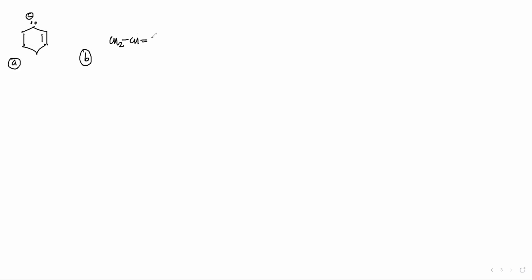CH double bond CH2. Now this will be having a lone pair with a negative charge. C, I can put it like this. Negative charge. D, I can put it and CH2. I can write E structure also.